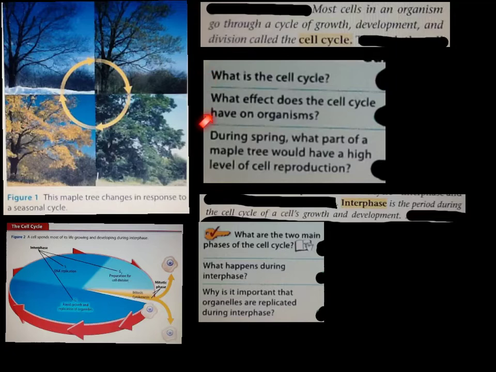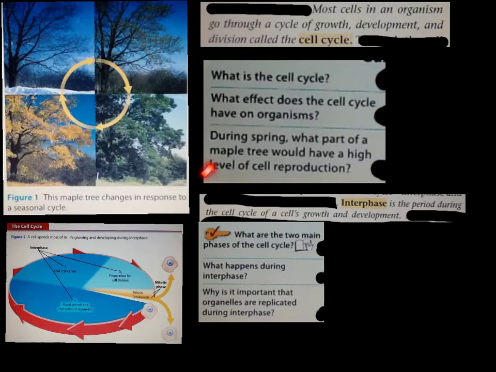Number 2, what effect does the cell cycle have on an organism? And the third one, during spring, what part of a maple tree would have a high level of cell reproduction? I want you to pick 2 of the 3 to answer and write in your science journal. And then we'll move on.